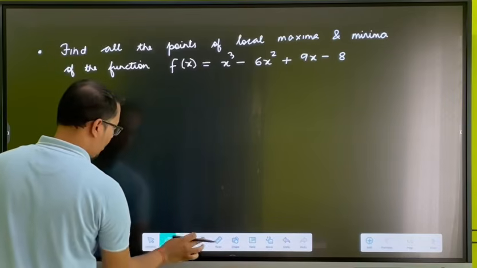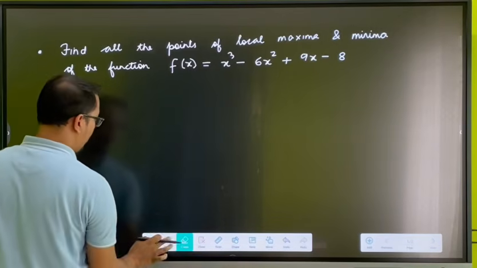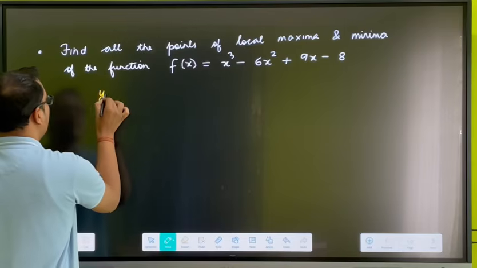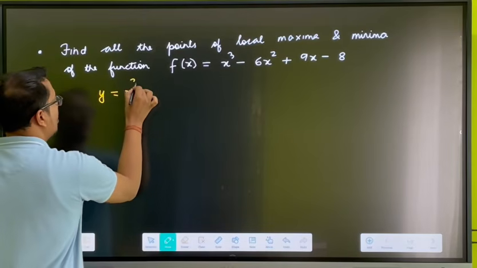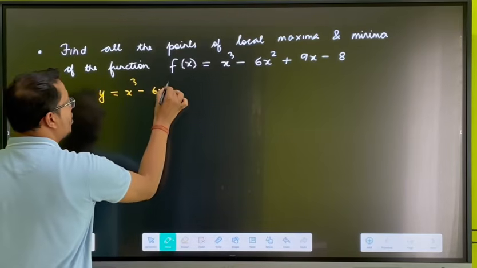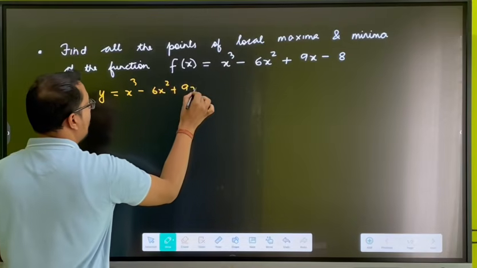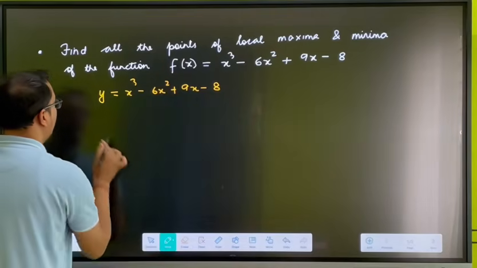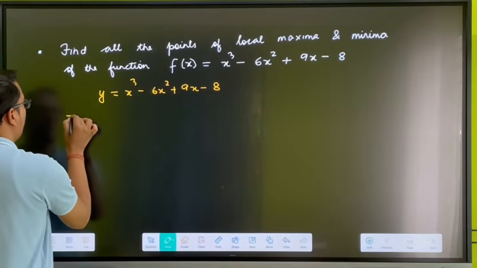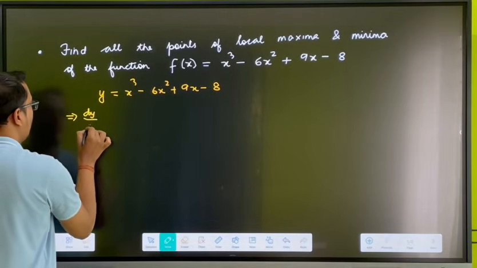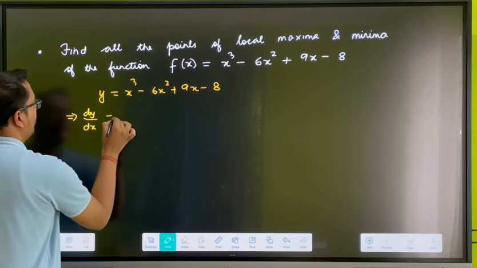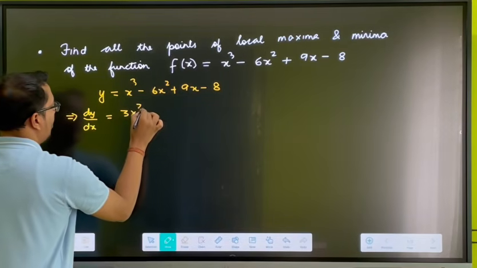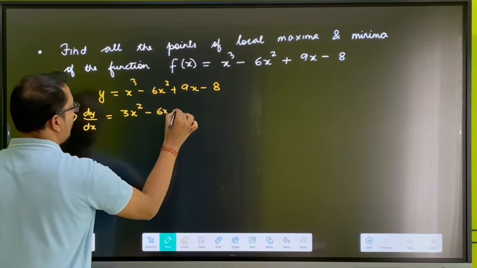Let the function be y equals x cube minus 6x square plus 9x minus 8. First we differentiate it with respect to x, which implies dy by dx equals 3x square minus 6x plus 9.